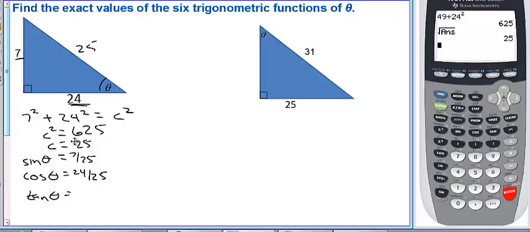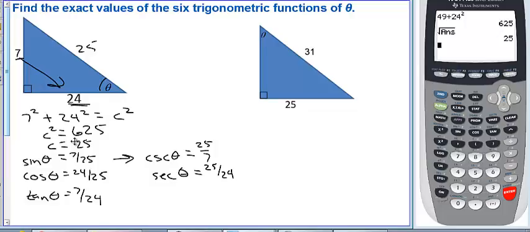And tangent is opposite over adjacent, so 7 over 24. Now, the reciprocal of sine is cosecant. So the cosecant now is 25 over 7. The reciprocal of cosine is secant, and that's now going to be 25 over 24. And then tangent and cotangent are reciprocals of each other. So that's 24 over 7.